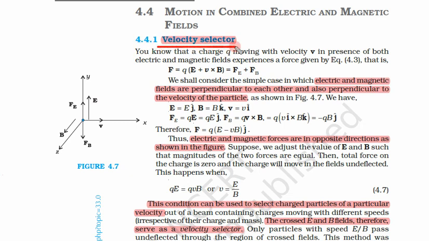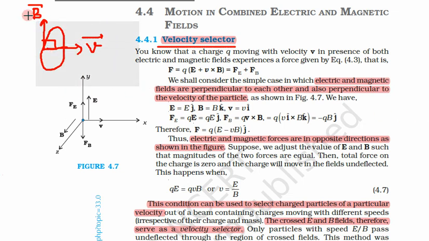Let us see. Previously, we saw that when velocity is perpendicular, let us say this is velocity and this is magnetic field, if both are perfectly perpendicular, the particle will start moving in a circular path.